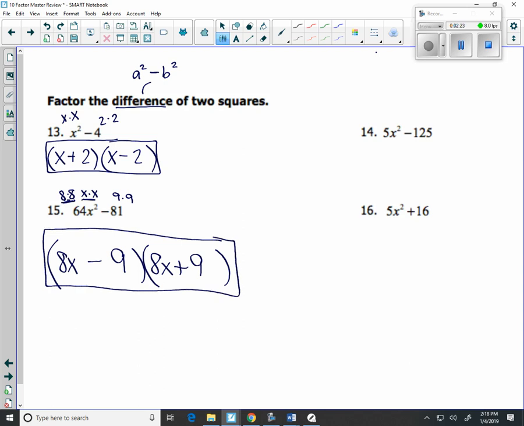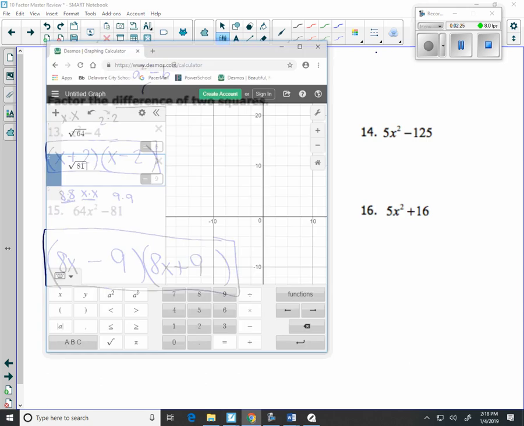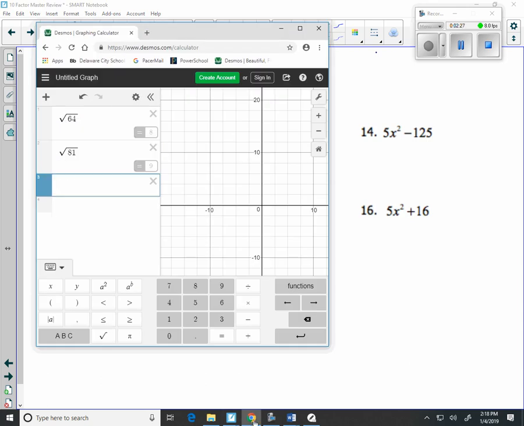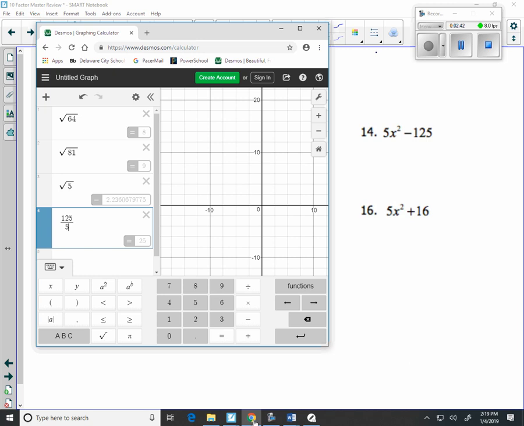So 14 looks like a difference of squares, but 5, if we take the square root of it, is not a perfect square. So if you think that you have a difference of squares, what you might need to do first is GCF. So let's do 125 divided by 5 and see if we can get that out of there.